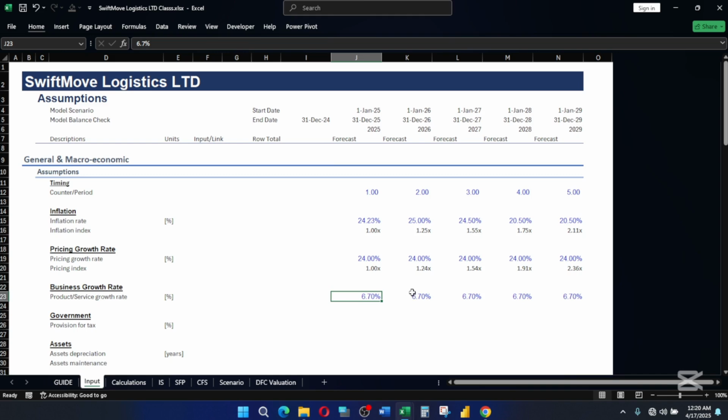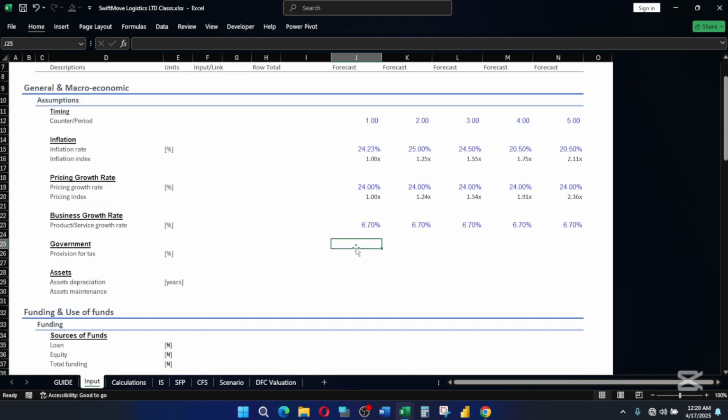Now let's go down. The next thing we have is the government. Of course, this you cannot do without, so you have to pay your taxes. You cannot be making profit and not be paying taxes, because the amenities provided by the government are funded by taxes paid by corporations and individuals. So you have to make provision for tax.